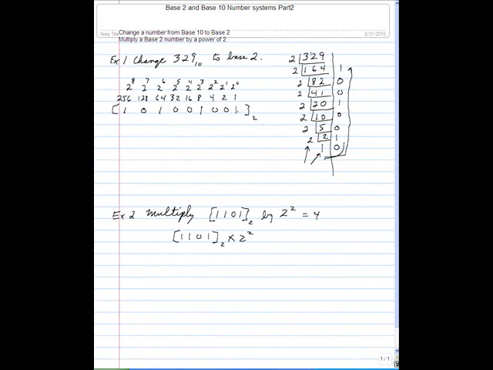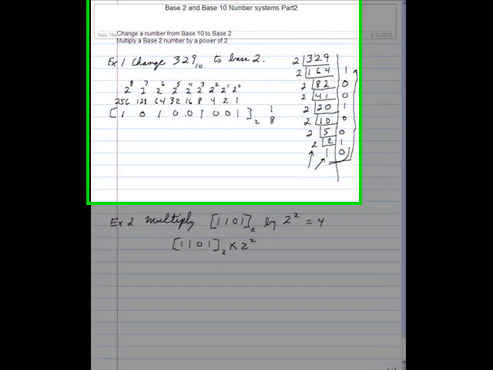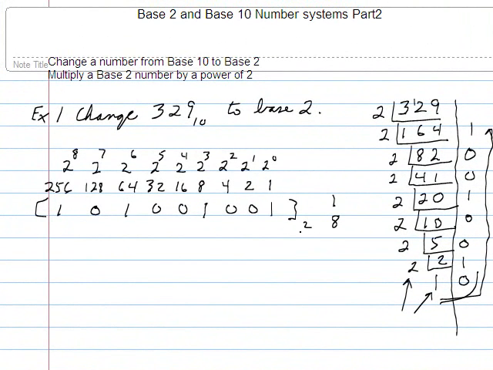So this number has 1 one. It has no 2's and no 4's, but 1 eight. It has no 16's and no 32's, but 1 64. It has no 128's, but it does have 1 256.